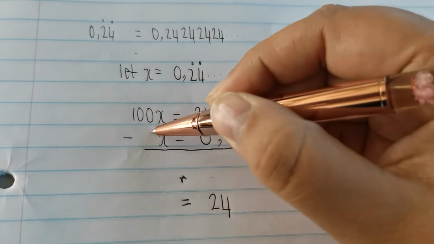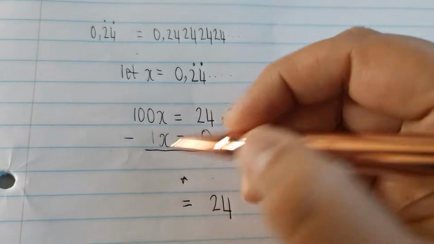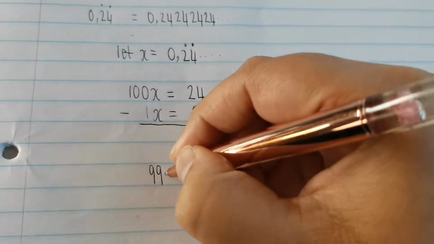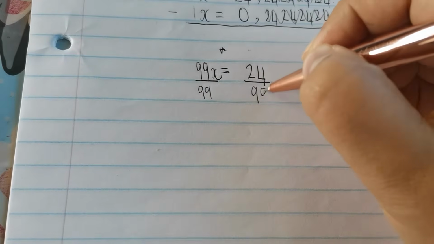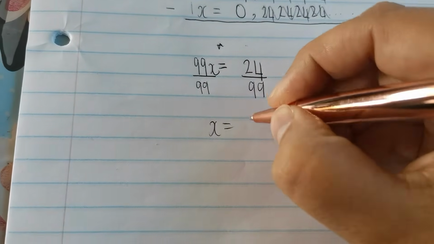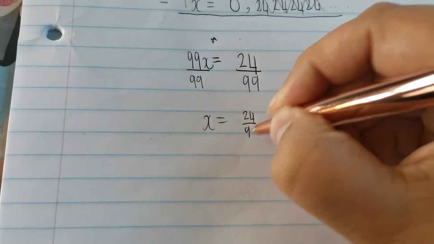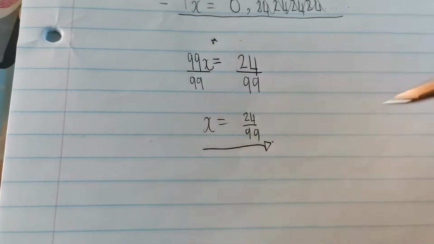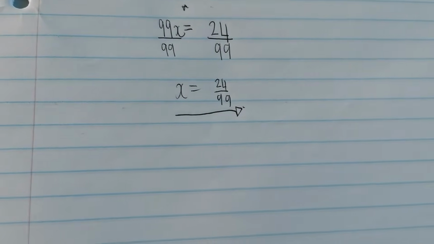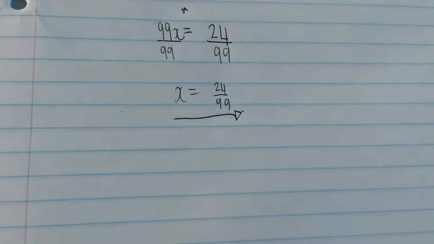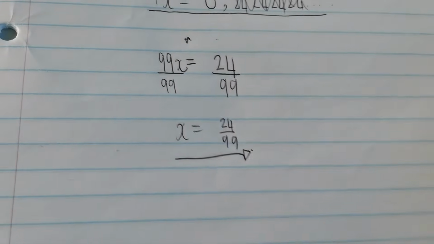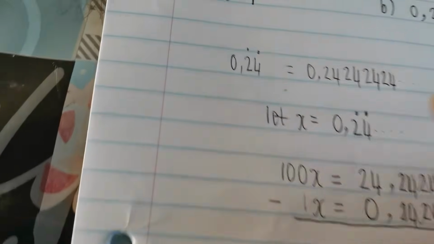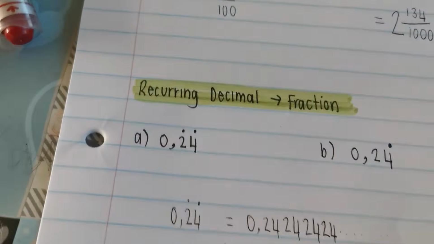And on the side, 100 has an invisible 1, so 100 minus 1 gives me 99x. Then you divide both sides by 99. So x is 24 out of 99. Now if you test this, 24 divided by 99 on your calculator, and you press the S-D button, you're going to see 0,242424 over and over. And that's how you change a recurring decimal to a fraction.